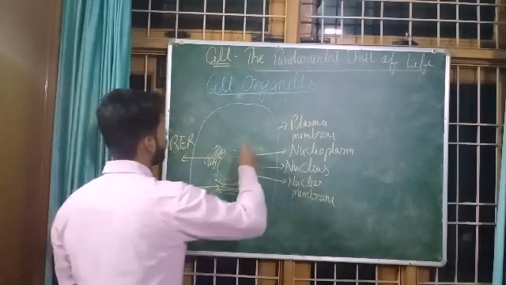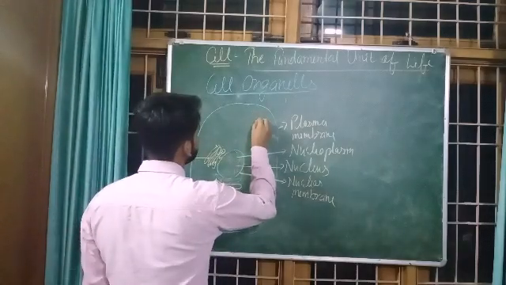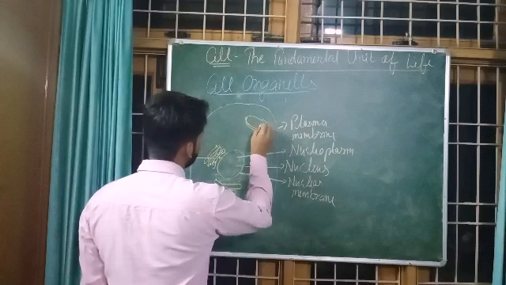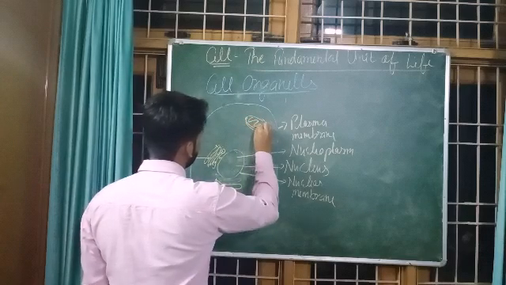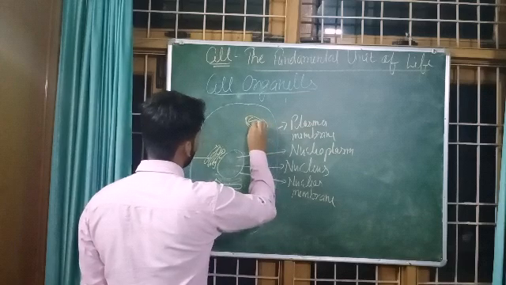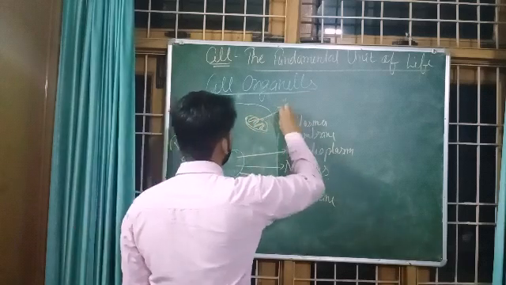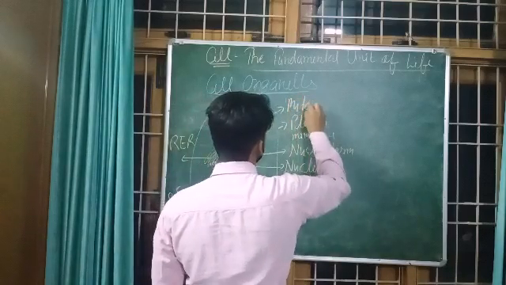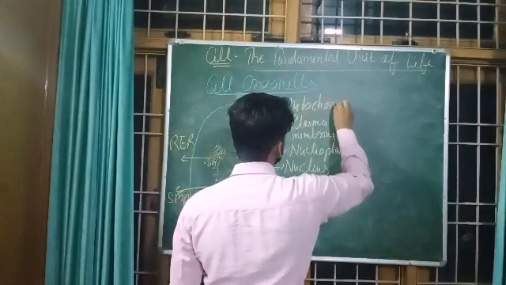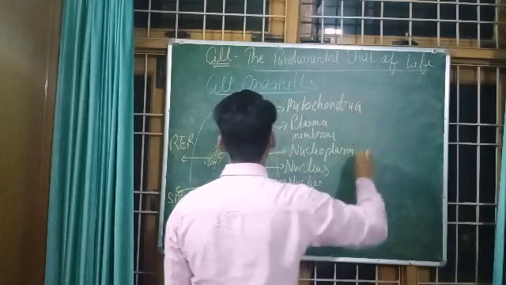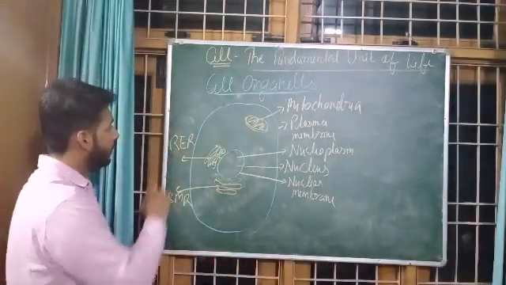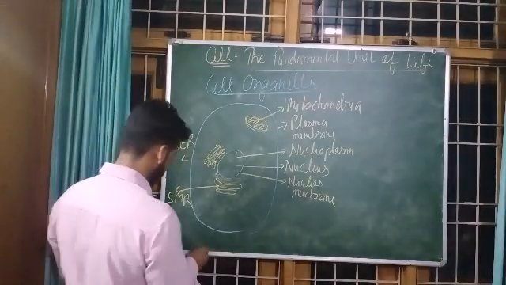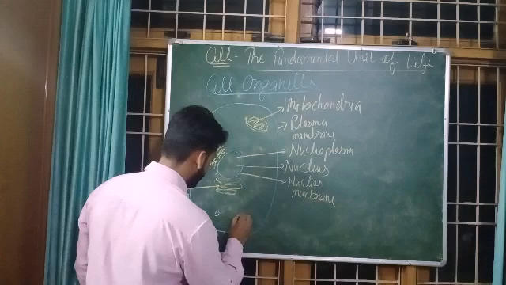Next is mitochondria, which is also known as the powerhouse of the cell. It looks somewhat like this. This is mitochondria. Got it? Next, some lysosomes are also present.